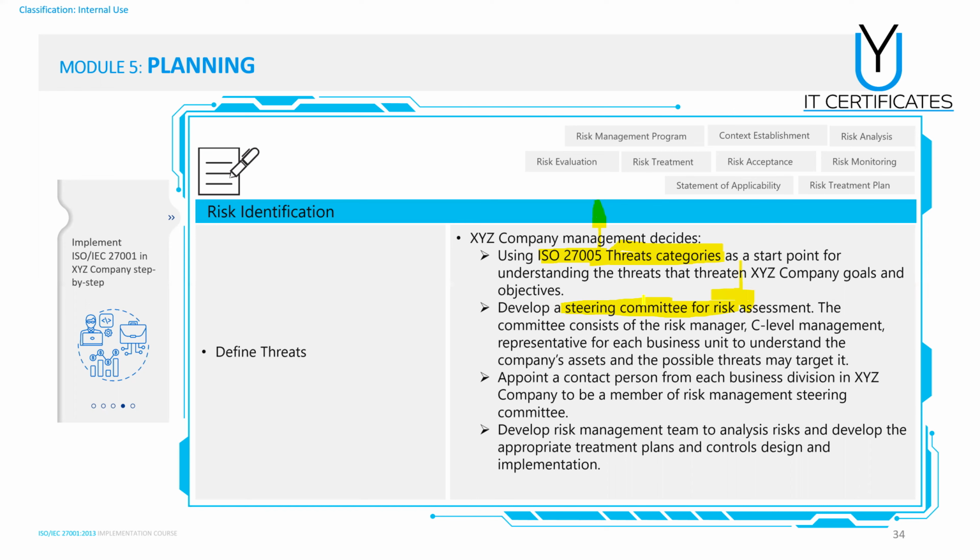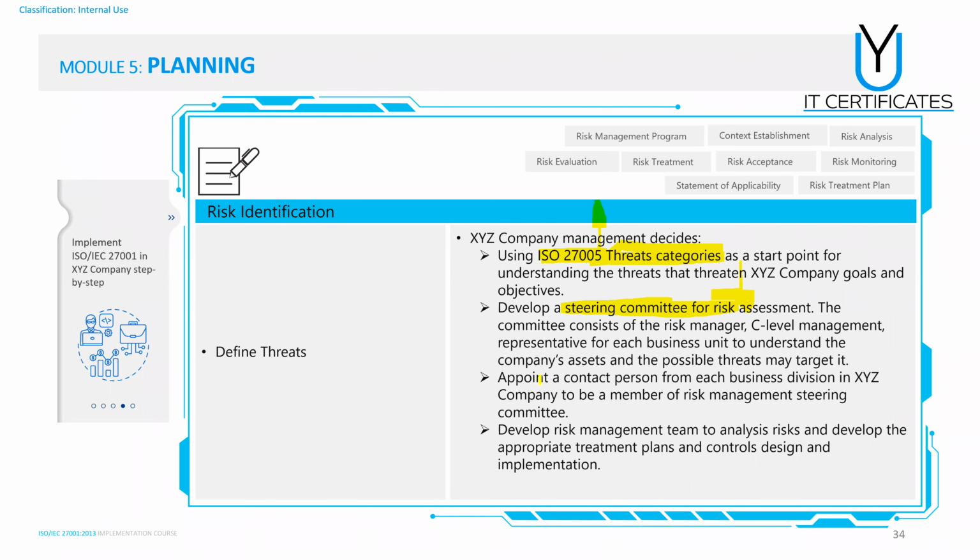You remember when we said the steering committee, these are the mid-level managers. They are the mid-level managers for the XYZ company, and they are responsible for the operations and processes, and they are the best persons who can understand their assets and their value. And they can tell you what the threats are which can threaten their operation.